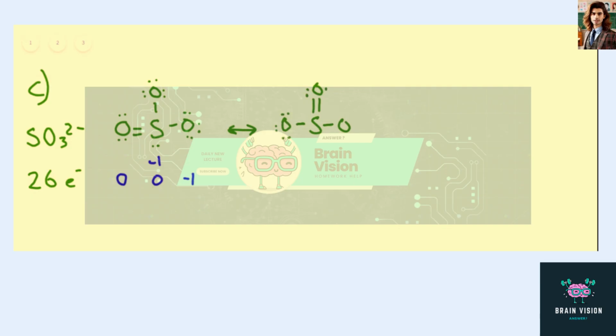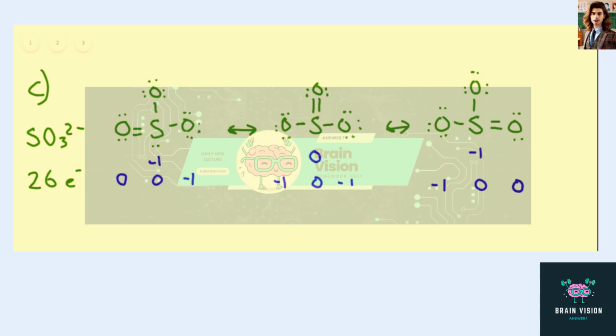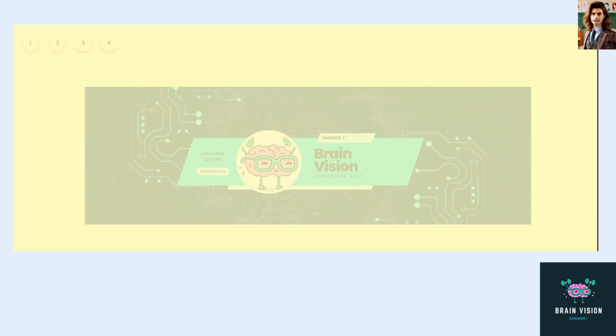So we move the double bond to the top oxygen and assign the rest of the electrons, and then we can move it to the right, and the left and top oxygens are singly bound. So again, we can assign formal charges: 0 for the doubly bound oxygen, 0 for sulfur, -1 for the singly bound oxygens. Same thing here. So those are the resonance structures for part C.